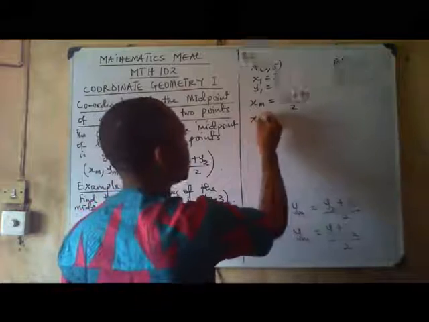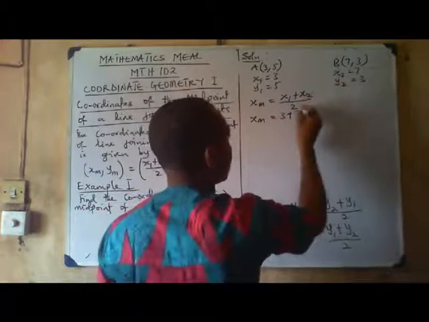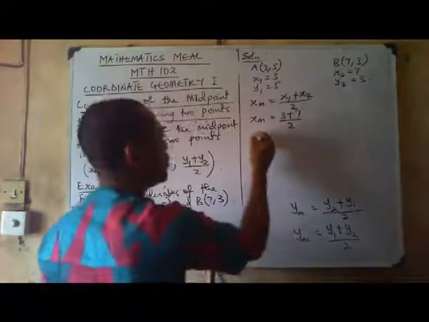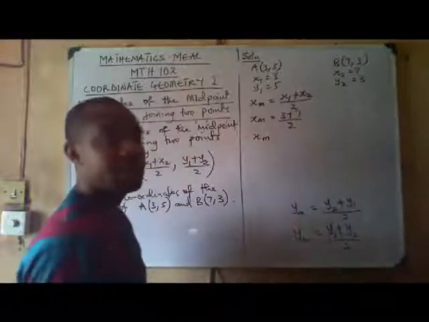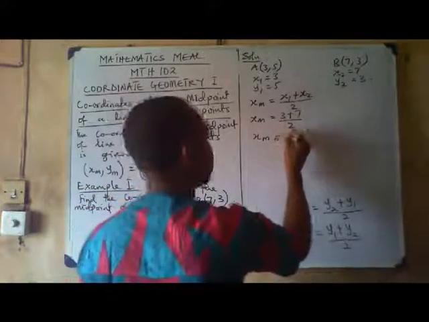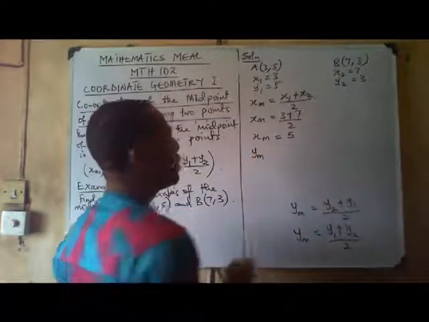That gives xm equals 3 plus 7 divided by 2. 3 plus 7 is 10, and 10 divided by 2 is 5.